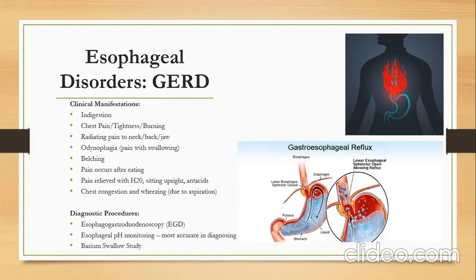They may have pain on swallowing. They may have excessive belching because of that incompetent LES. They may have pain that occurs after eating. That pain that occurs after eating is what causes babies to refuse to eat, and they end up with failure to thrive. Pain may be relieved immediately with drinking water, sitting upright, repositioning, or antacids.